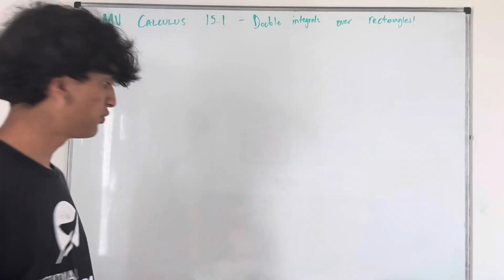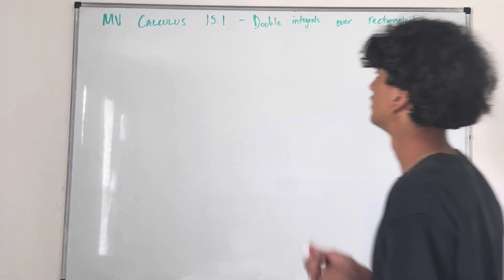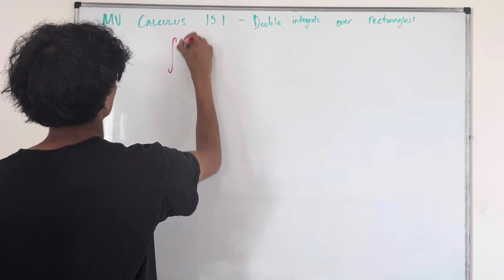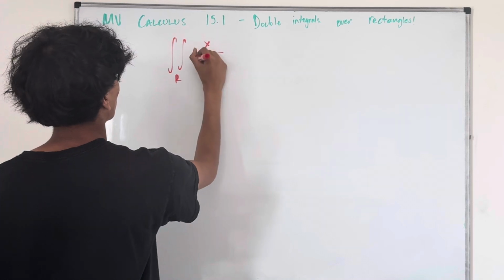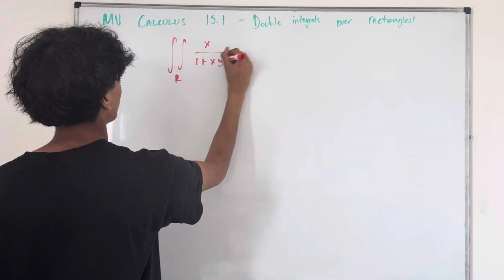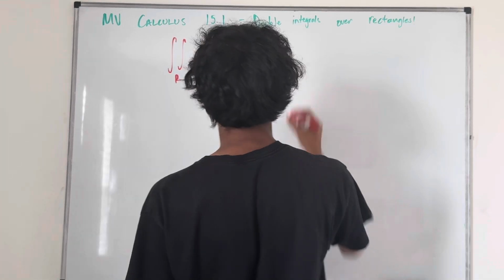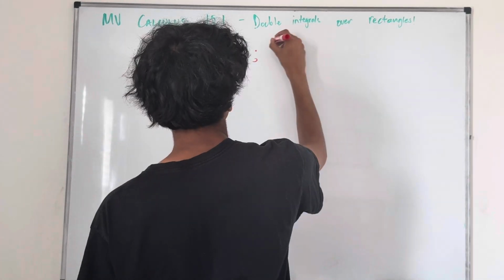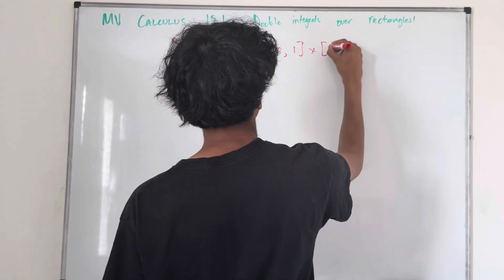So let's say we want to take the double integral of x over 1 plus xy dA over the region, let's say from 0 to 1 cross 0 to 1.